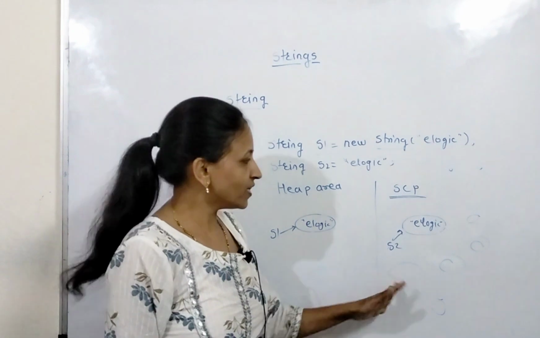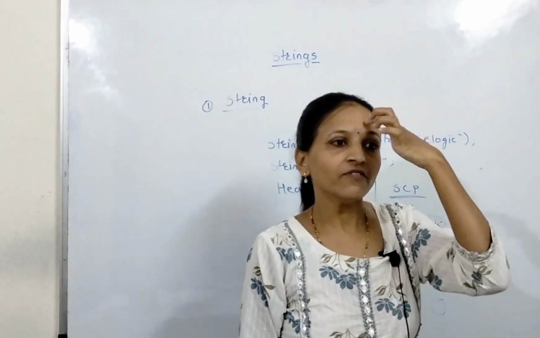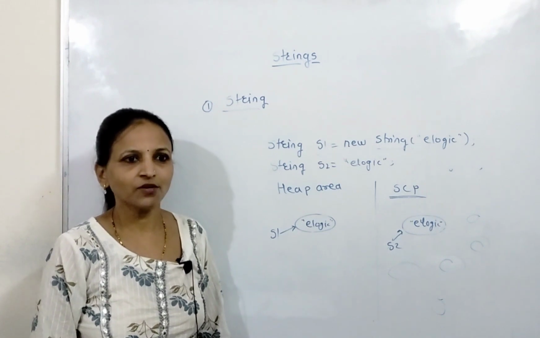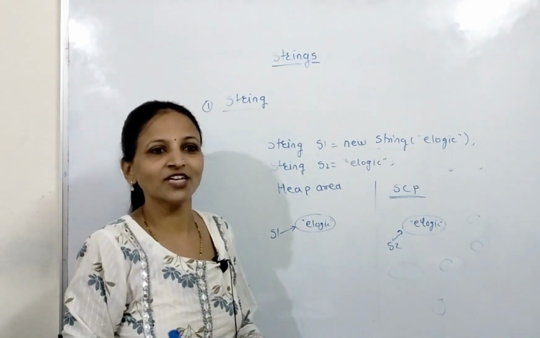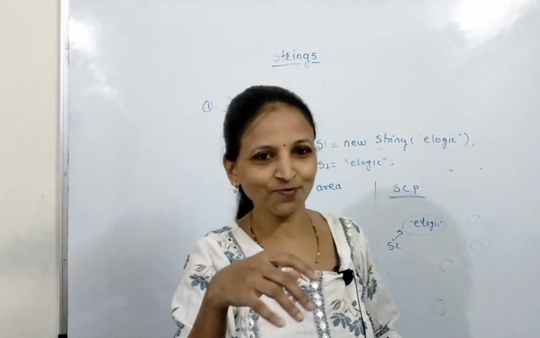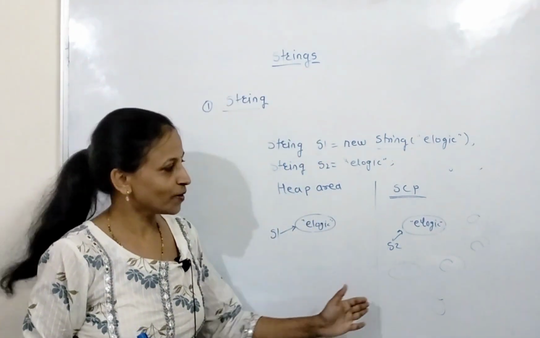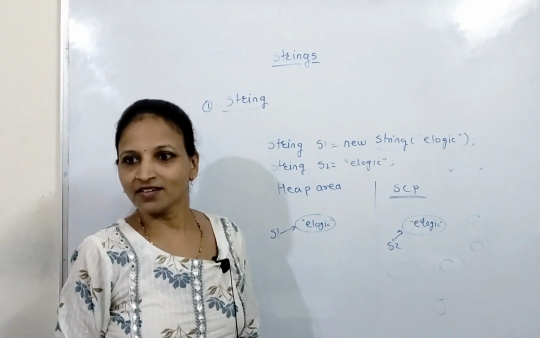They get freed only when the JVM shuts down. When you shut down your PC, the JVM shuts down automatically, and at that time this area will be cleared.